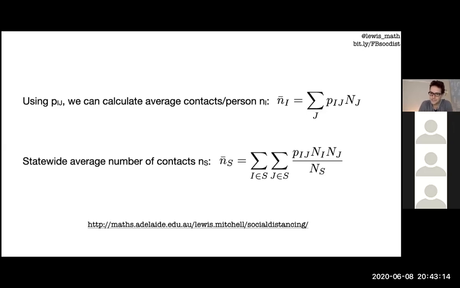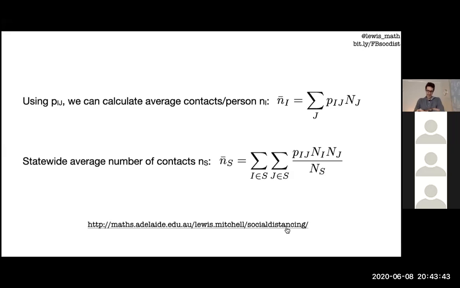That would just be summing over all of the regions J, and you get the average number of contacts per person in region I. You can also map that up to the state level. If I think about all the regions I in the state, and sum this quantity over all I and all J, you get the average number of contacts.